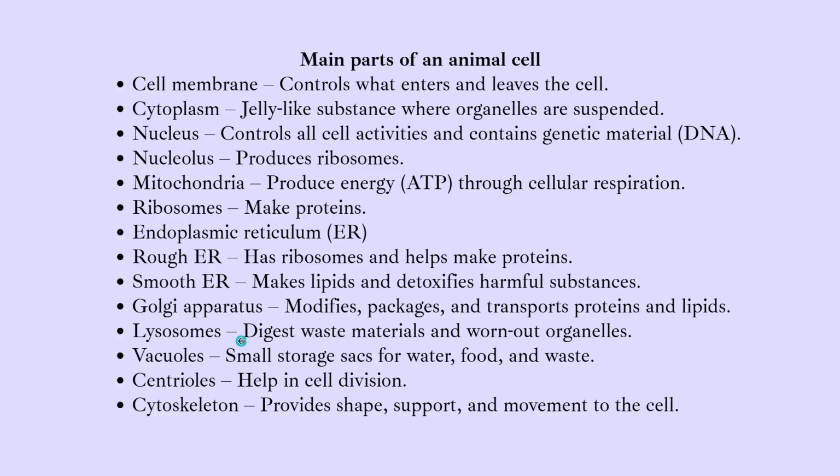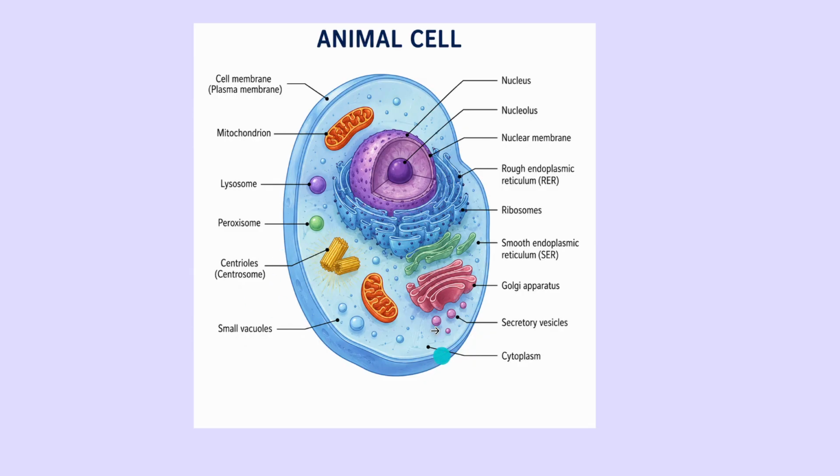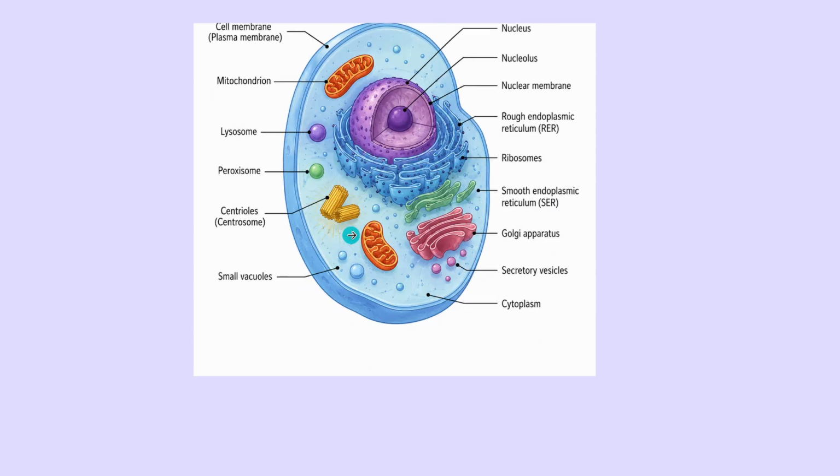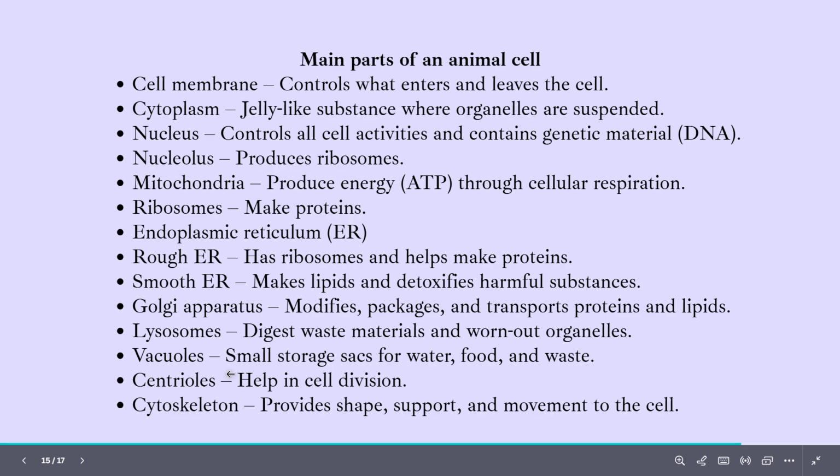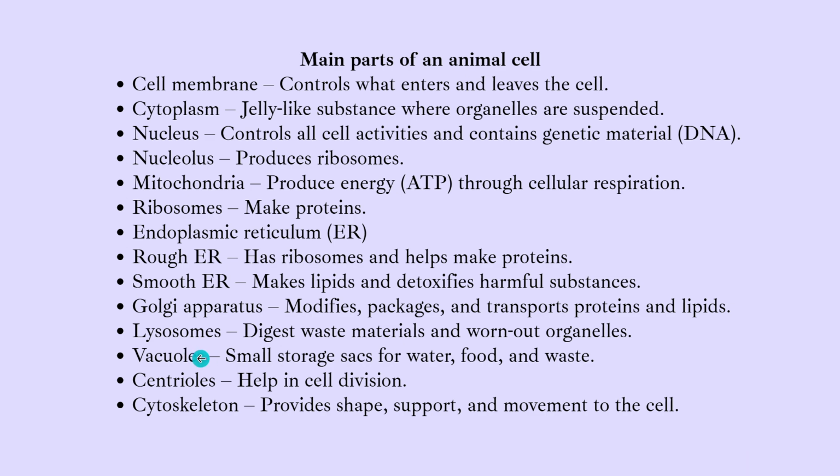Then we have other structures like the lysosomes. What are lysosomes? In common words we can say they are suicidal organelles. Why are they called suicidal organelles? Because they digest waste material. Whatever waste the cell produces is digested by the lysosome.